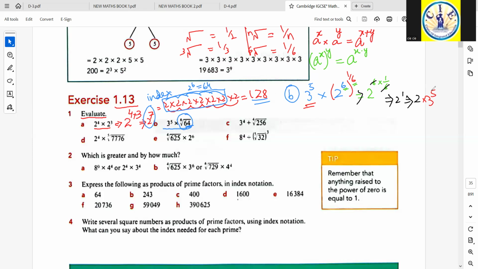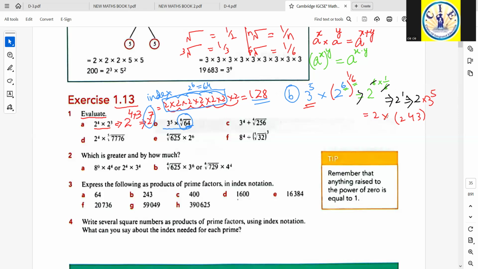So that will give me 3 raised to power 5, which is 3 multiplied by itself 5 times. Using a calculator, you can find it out. 2 times 243.